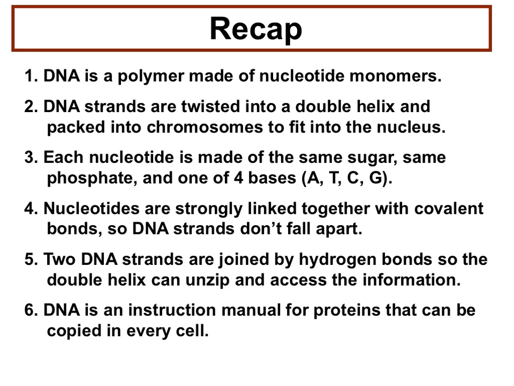The weak hydrogen bonds allow the DNA double helix to unzip and allow the cell to access the information stored in the bases A, T, C, and G. Finally, the job of DNA is an instruction manual for proteins. And that instruction manual is copyable so that each cell and each new cell that's made get a copy. Hopefully this is a good introduction to DNA and is going to set the table for our unit about DNA.